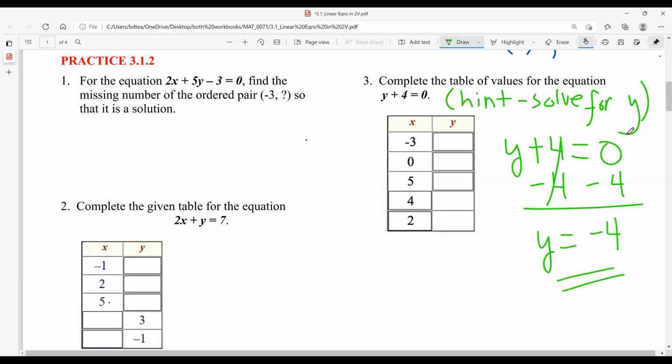And y equals -4 is always going to be constant. So no matter what the value of x is, y is always going to be -4. So all the solutions here are going to be -4. And when y is constant, if we were to plot this, it is going to be a horizontal line.